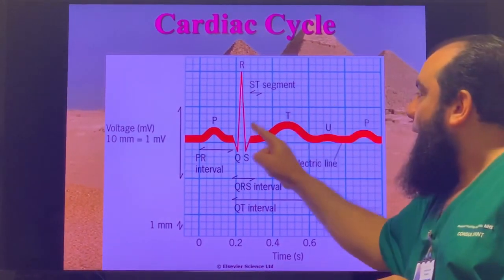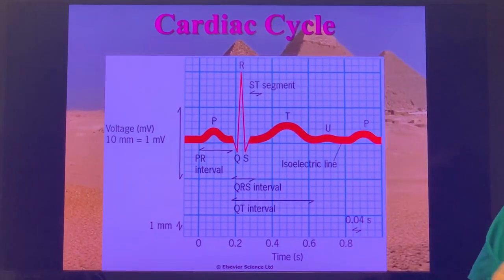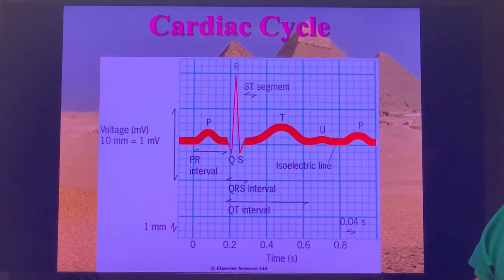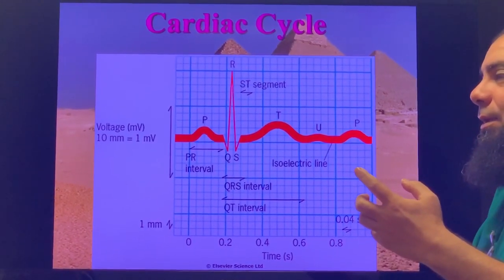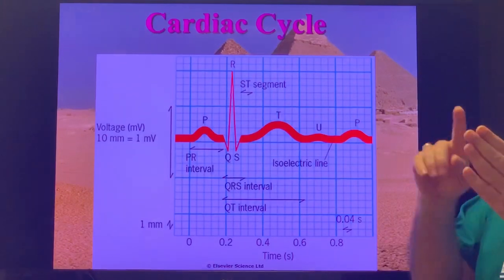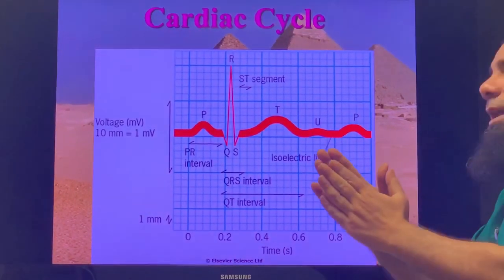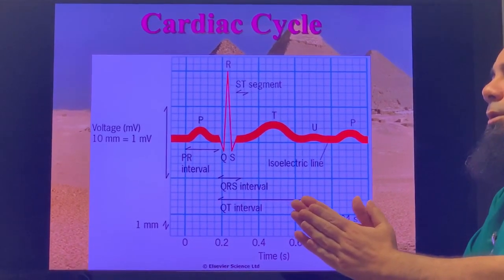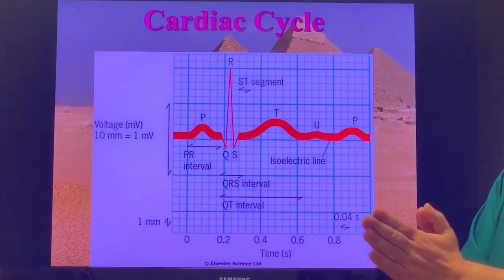Why is there a space between the P and the QRS? Why do we have a small segment there? Conduction, from the SA to the AV node. SA node to AV node is already atrial depolarization going to the AV node. What happens there? The ventricular filling.